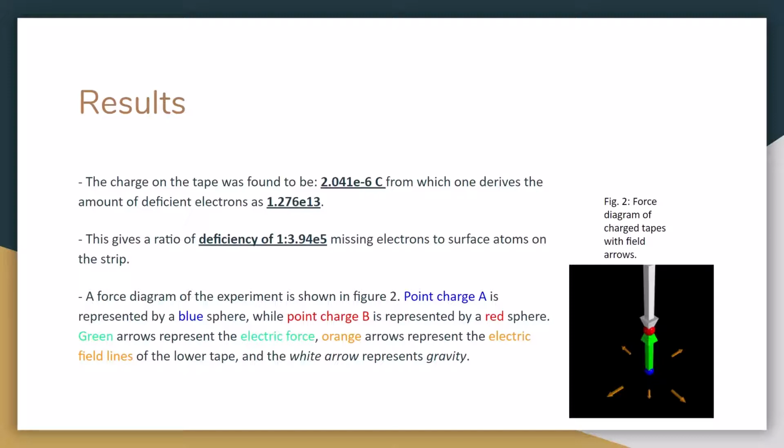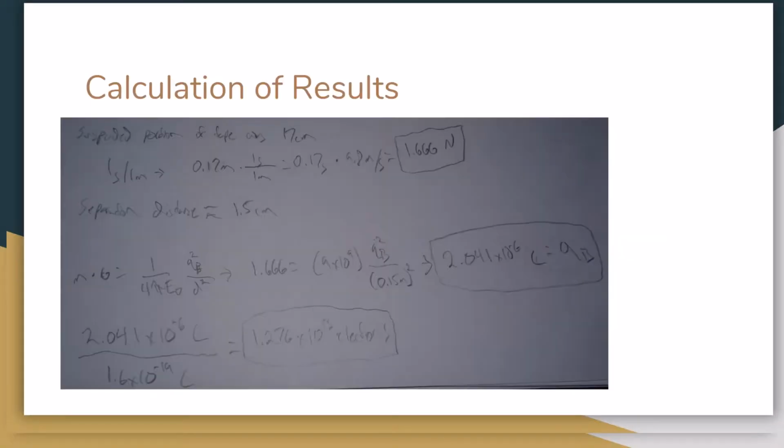Here we have a force diagram showing the two point charges and how everything is aligned in the experiment. Point charge A is the blue sphere, point charge B is a red sphere. The green arrow is the electric force of repulsion, and the orange arrows are field lines. The white arrow represents the force of gravity pulling down on that system.